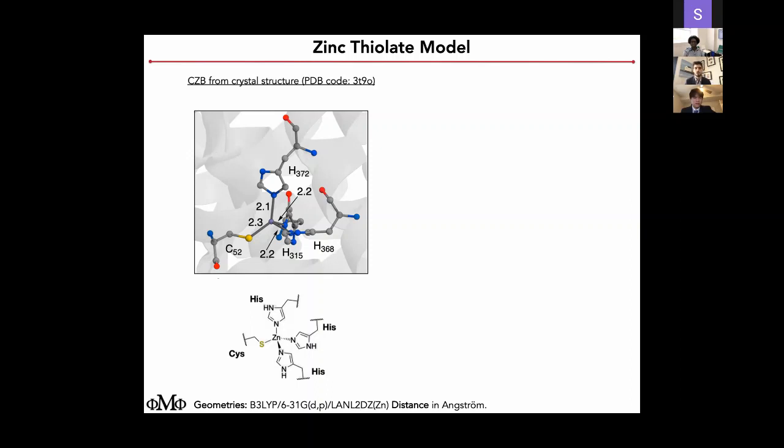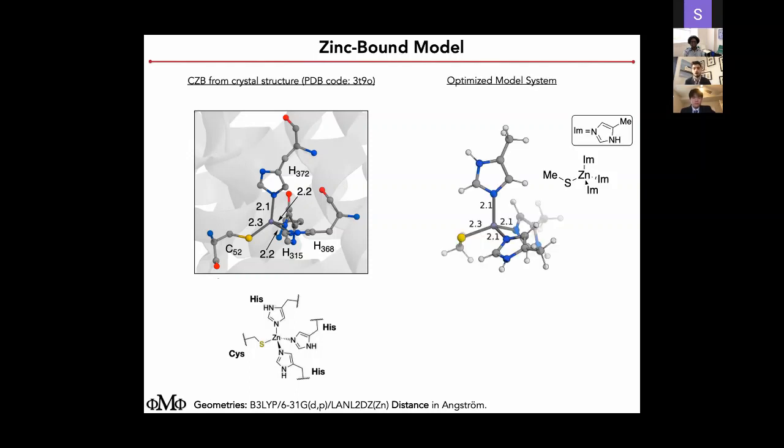So here on the left, I have the ZCB crystal structure from E. coli, and we can see the central zinc atom shown in purple, ligated to 3 histidine residues and also our single cysteine. A 2D structure is drawn below. To create our model system, we will be basing it off of this crystal structure to form our general, optimized model system.